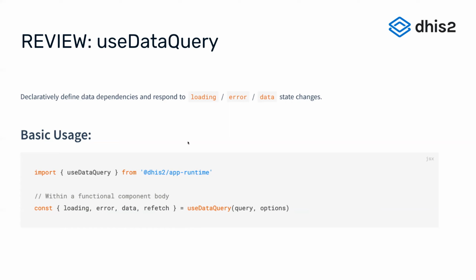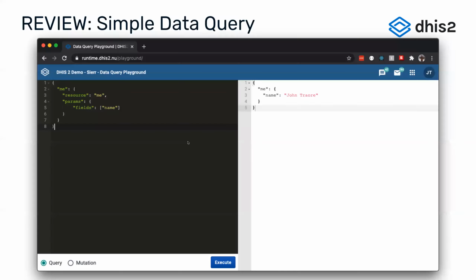This is the useDataQuery hook again, which is used for reading data from the API. And here's an example of a simple data query. You can use the playground at runtime.dhis2.nu, which is where our app runtime documentation is hosted. You can also find that linked from developers.dhis2.org.